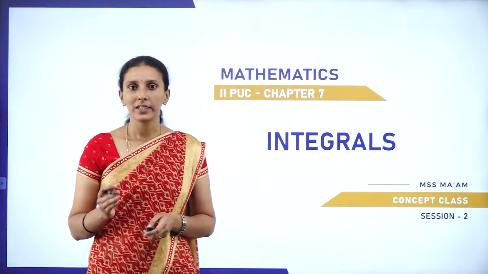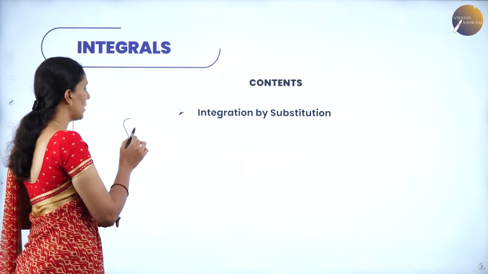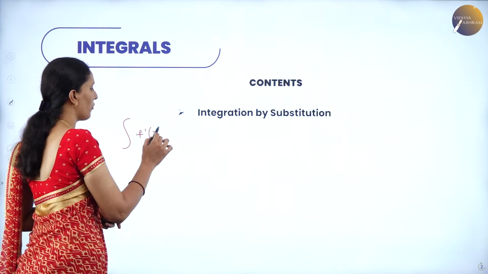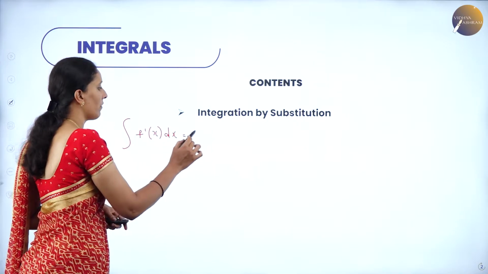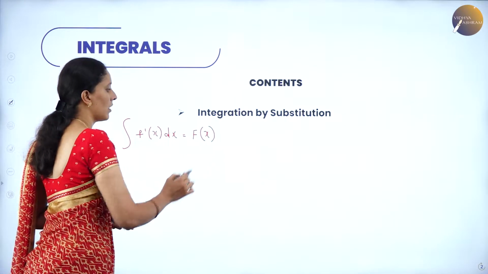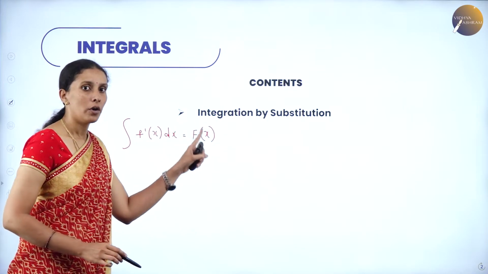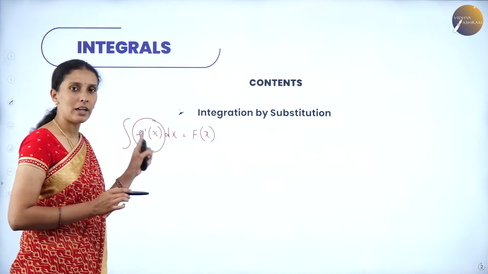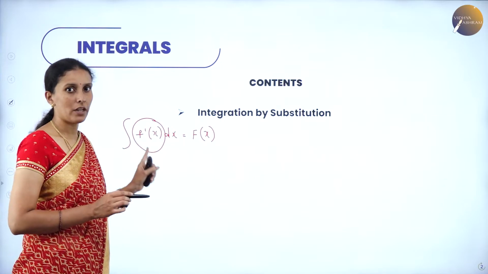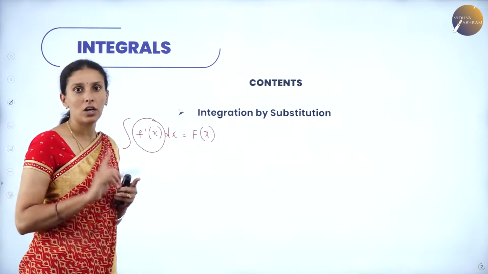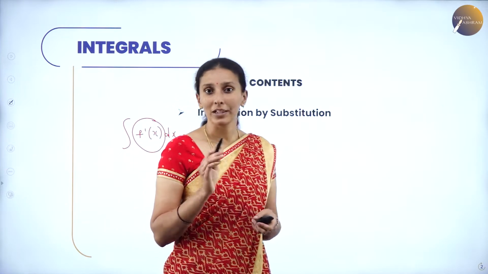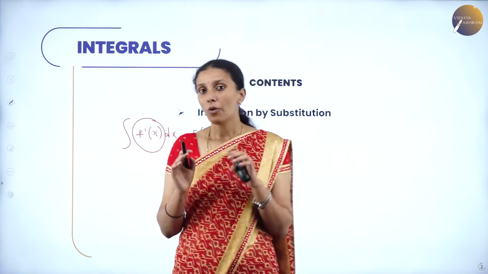Whenever we say any integral of some function, here it is always f dash of x dx is given, we will find f of x, where f of x is the original function of this derivative. So inside the integral, it is always the derivative which is given, and hence we are going to find out the original function.